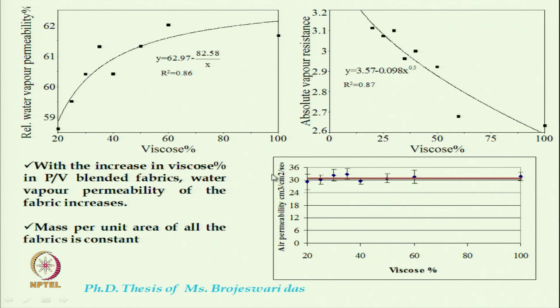So the Fickian diffusion was kept constant, but with the increase in viscose content, the moisture vapor permeability increases and the absolute moisture vapor resistance reduces.